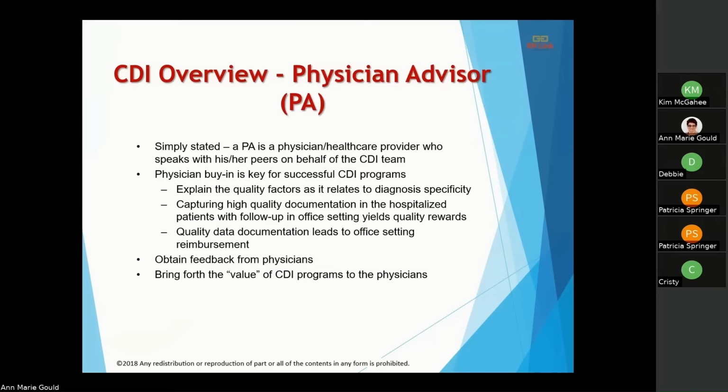So they want to carry those diagnoses into their office chart as well. So that's your hierarchical condition categories at CMS, especially for Medicare recipients, right? Or Medicare Advantage recipients. They can get that additional quality incentive for their office setting. And then, of course, your quality data documentation leads to office setting reimbursement, which I just discussed.